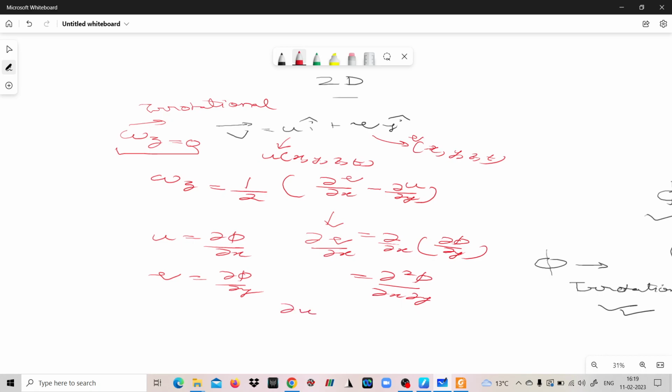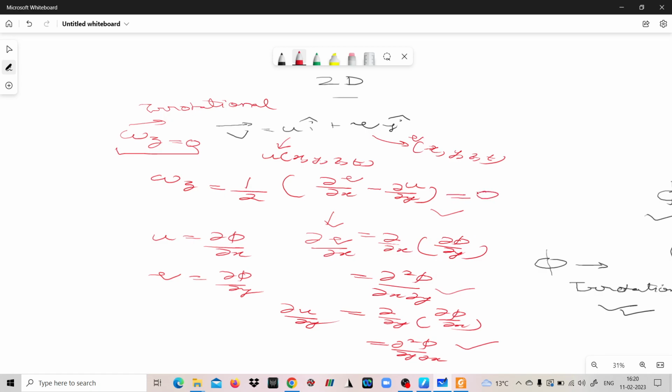Similarly, what will be del u by del y? That is the second term here. Del u by del y is del y of u, and u is del phi by del x, so this will be del 2 phi del y del x. Now since phi is a continuous function of space and time, del 2 phi del x del y is equal to del 2 phi del y del x, and if these are equal, then this difference is equal to 0.